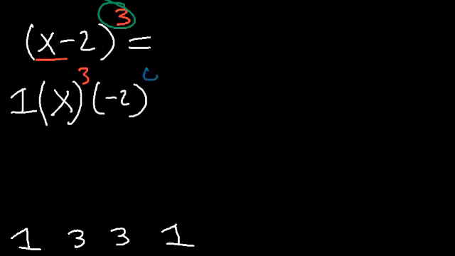Now, these two exponents must always add to 3, this particular number. Now, the next term will have the second coefficient of 3. Now, this exponent will decrease to 0, and this exponent will increase eventually to 3. So this is going to be 2, and the next one is going to go up to 1.